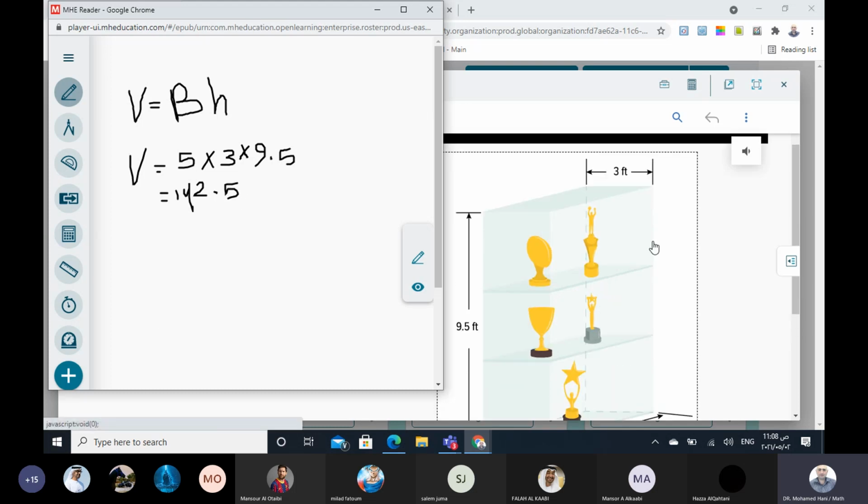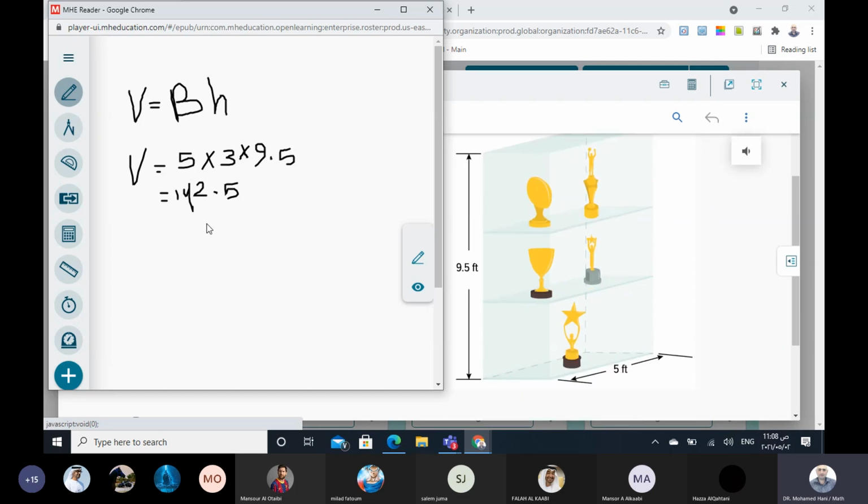Now, as you see here, feet times feet will be feet squared. Feet squared times feet will be feet exponent 3. We read it feet cubic. So we use cubic to measure the volume, and we use squared to measure the area.